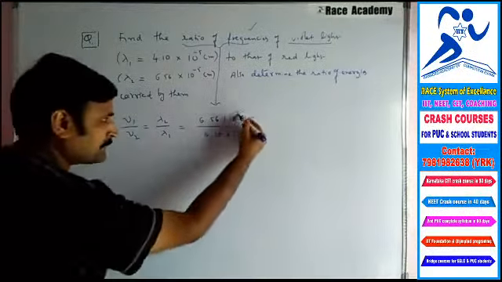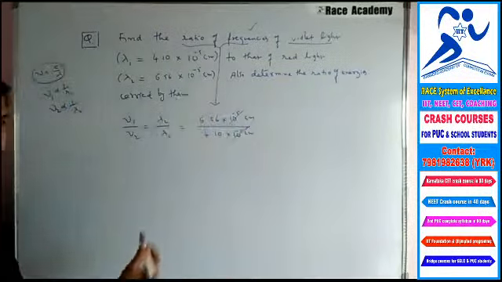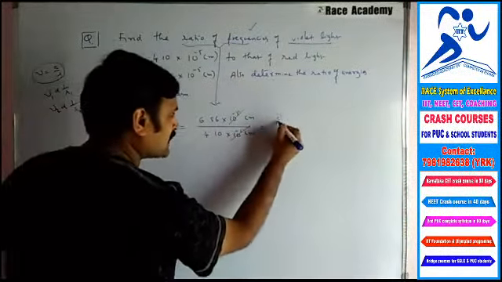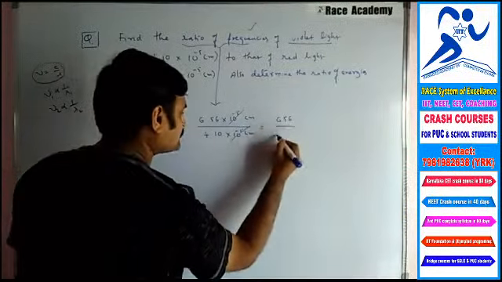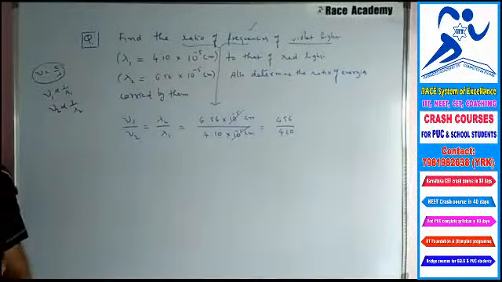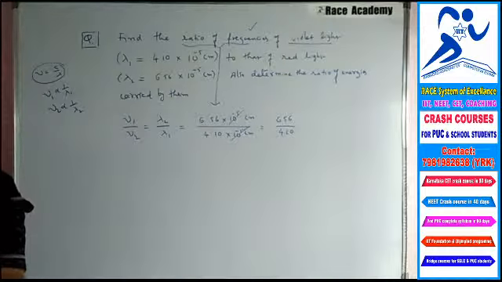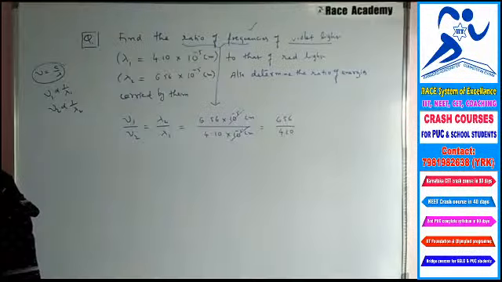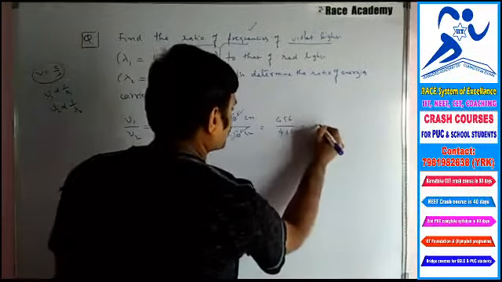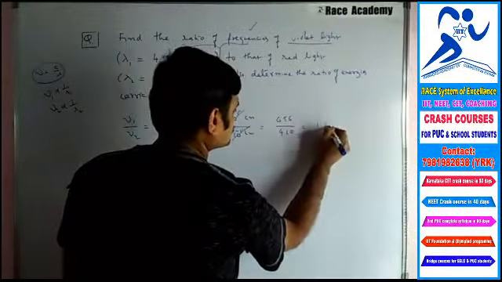So these 10 power minus 5 terms cancel, and the rest is nothing but 656 by 410. If you check the simple calculation, 656 divided by 410, the exact answer is 1.6. So the ratio is 1.6.